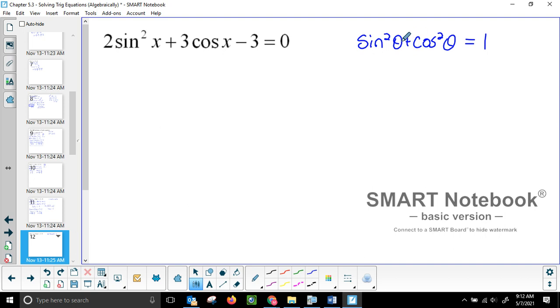So I subtract cosine squared from both sides. So sine squared theta is equal to 1 minus cosine squared theta. Whenever two things are equal, they are interchangeable. So wherever I see sine squared x, I'm allowed to replace it with 1 minus cosine squared x. So that's what I will do.